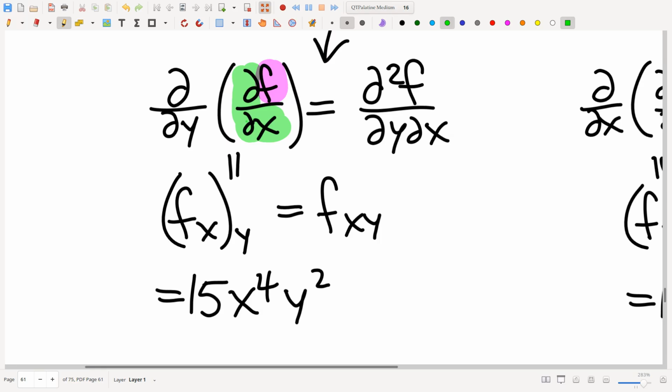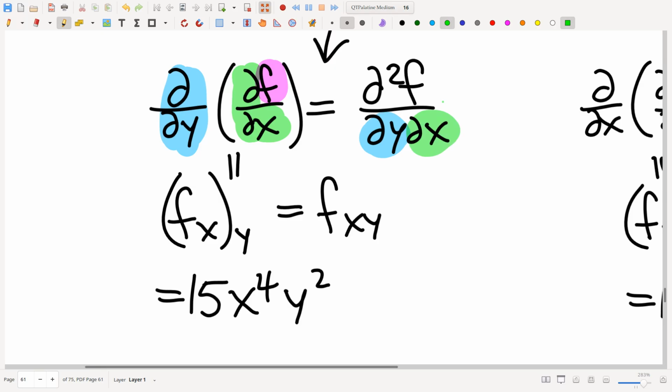That's just how we write it. And then if I take a y partial of that, of course that's on the left side because we're taking the y partial of what we've already taken the x partial. Okay, so as a result, the partial y is on the left and the partial x is on the right.